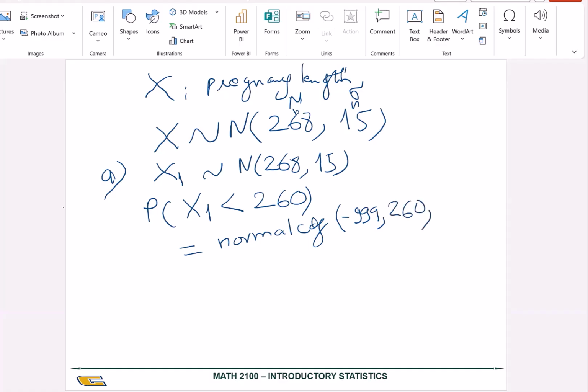I put 260 as the upper bound, 268 which is the mean, and the standard deviation 15. If you plug into your calculator, you should get the probability of a randomly chosen woman having pregnancy length less than 260.